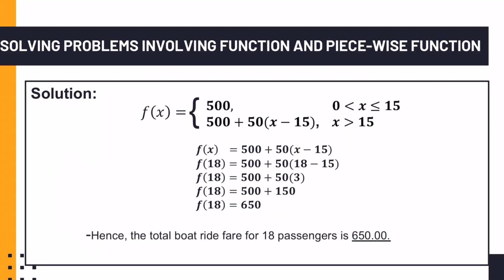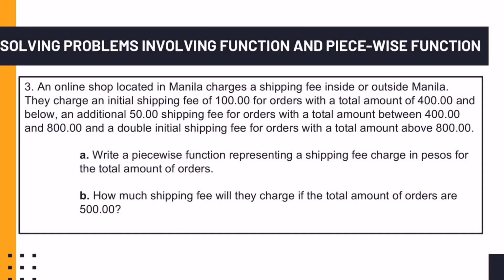Problem number 3. An online shop located in Manila charges a shipping fee inside or outside Manila. They charge an initial shipping fee of 100 pesos for orders with a total amount of 400 pesos and below. An additional 50 pesos shipping fee for orders with a total amount between 400 and 800 pesos.